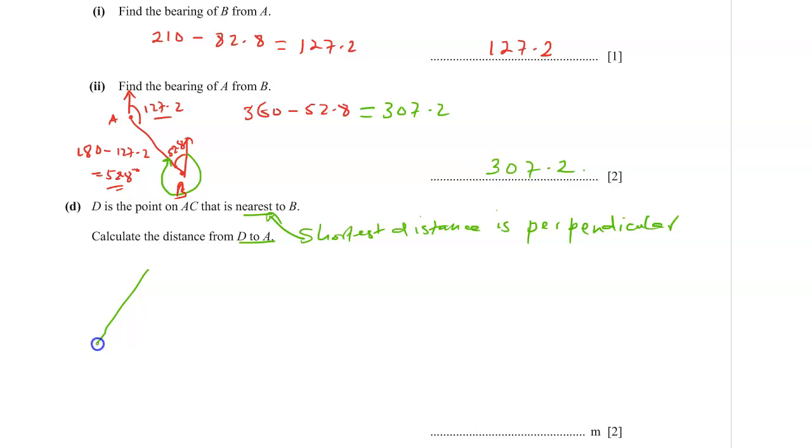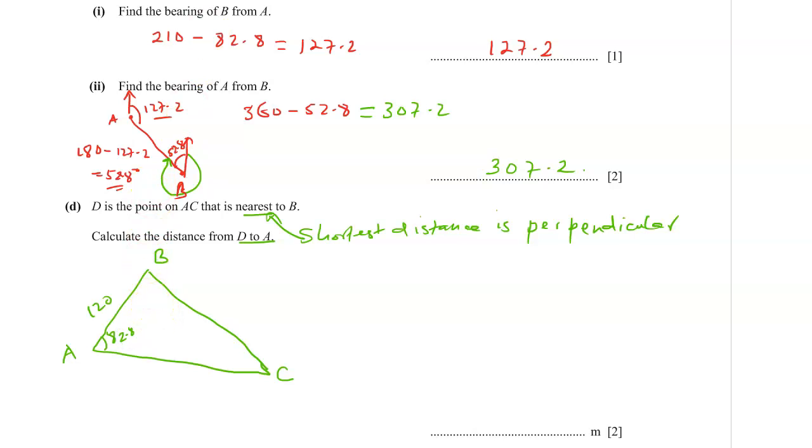Let's draw this diagram. This is A, this is B, and this is C. The distance from A to C is 120, and we found this angle here. This angle here is 82.8.